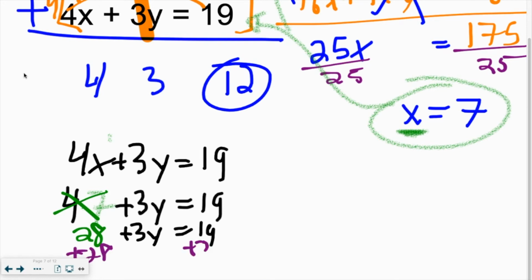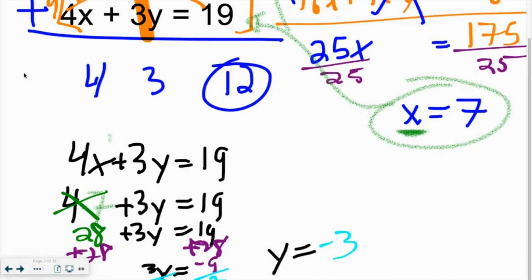Yes, you could subtract, but for mental math purposes, that's why I do it this way, where I get 3y equals, again, don't lose it, that's a -28 there, because that's going to give me a -9. And dividing them both by 3, y equals a -3.